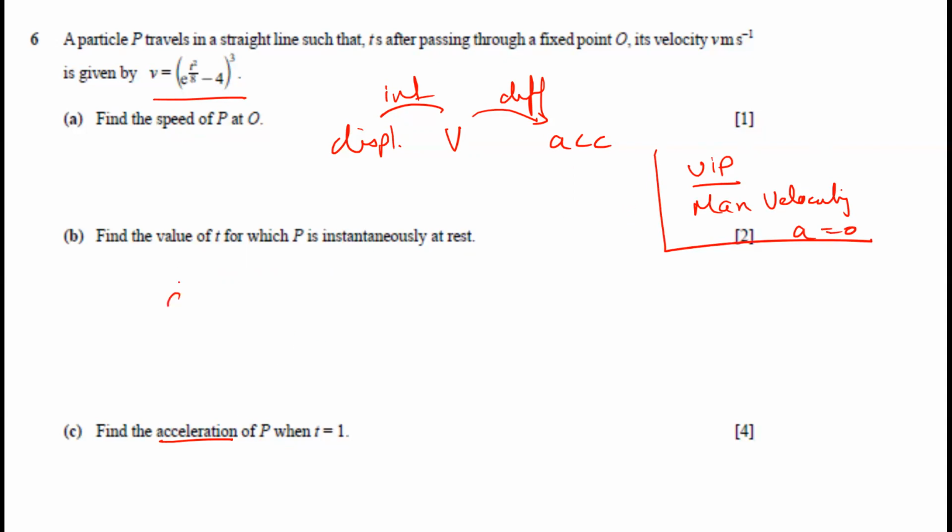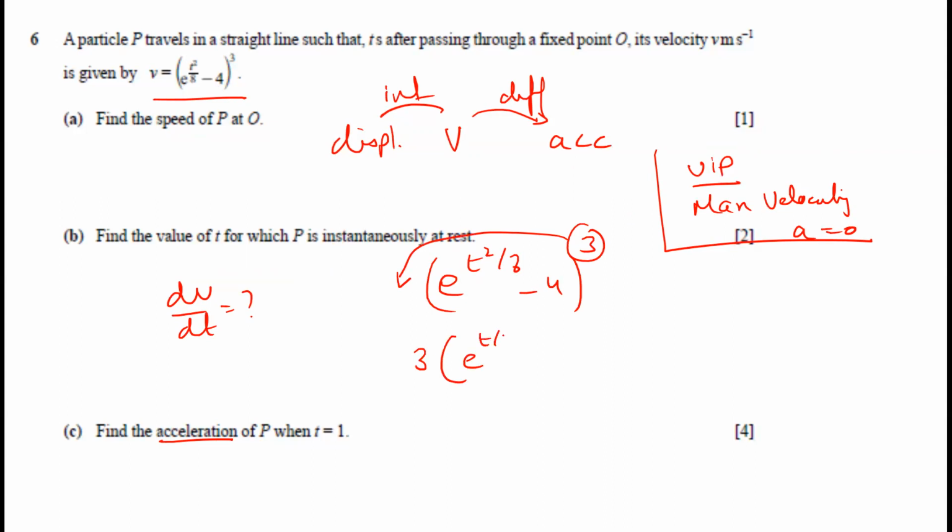So we need to find dv/dt. If we differentiate (e^(t²/8) − 4)³, first this 3 will come over here: 3(e^(t²/8) − 4)², multiplied by the derivative of the inside. Now 4 would be 0.